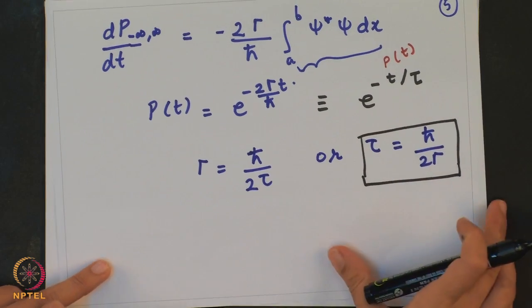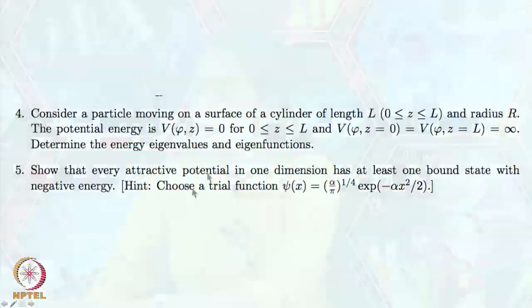Then we go to the next problem, which says that you have a particle moving on the surface of a cylinder of length L. Along the z direction, z is between 0 and L, and r is the radius of the cylinder.